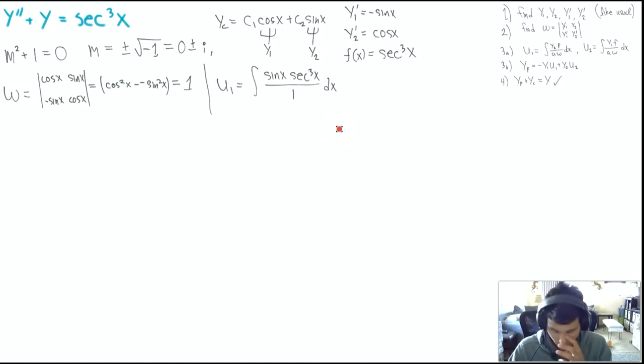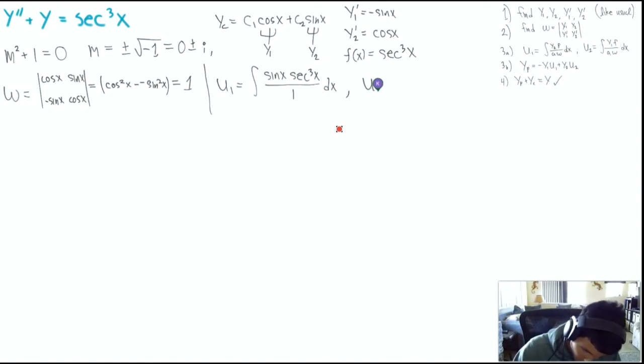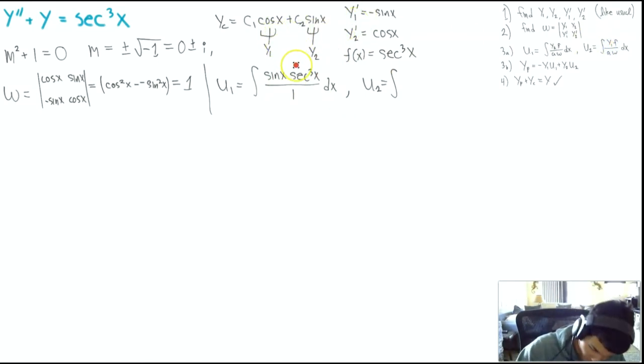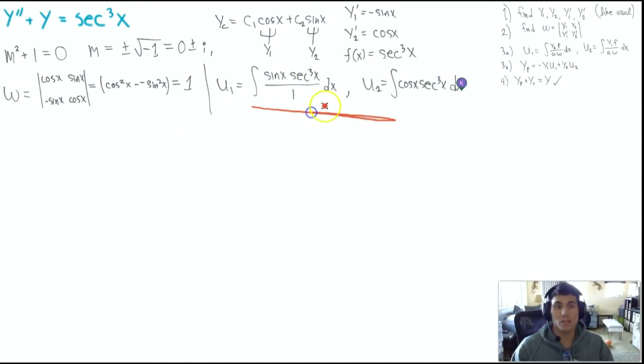Okay, and I'm just going to write u2 over here. u2 is equal to, okay, it's the same W and a, so it's just going to be over 1 right here. But what is y1? y1 is cosine, so it's going to be cosine x secant cubed x dx. Okay, these are the two integrals we need to do. Let's do the first one.